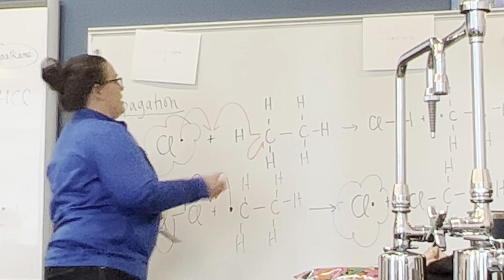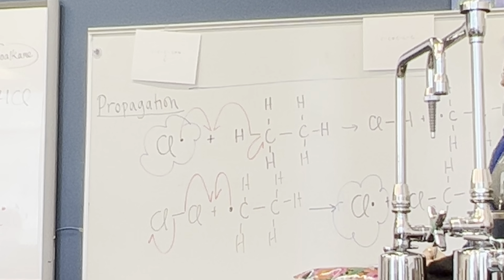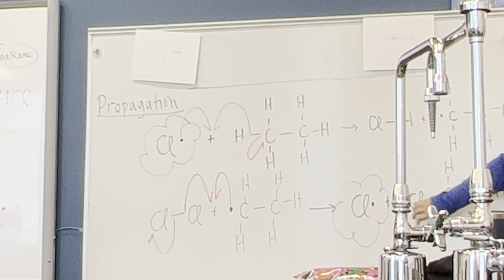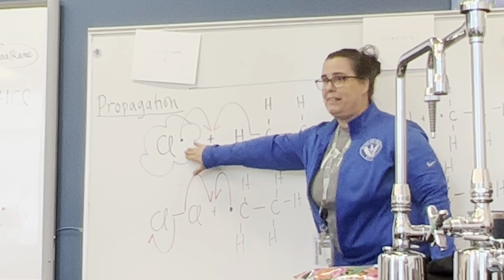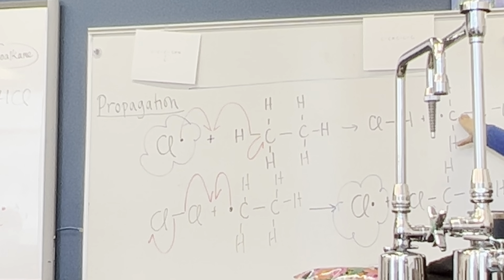One more thing I want to notice about propagation is that I'd like to try to add these two equations together. I know they got kind of busy, so you're going to have to do this a little bit in your head. But when we add two chemical equations together, we treat it like algebra, and we cancel out the things that appear on both sides. And so my chlorine radical and my chlorine radical are going to cancel. My ethyl radical and my ethyl radical are going to cancel.